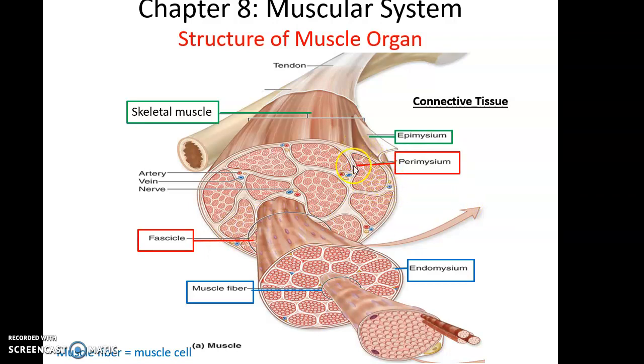So perimysium, shown as a white line here, surrounds and forms the fascicles. And then finally, there is a sheet of connective tissue that wraps around the entire muscle organ, and that is called the epimysium. So epimysium covers the muscle organ, perimysiums cover the fascicles, and endomysiums cover the muscle fibers.